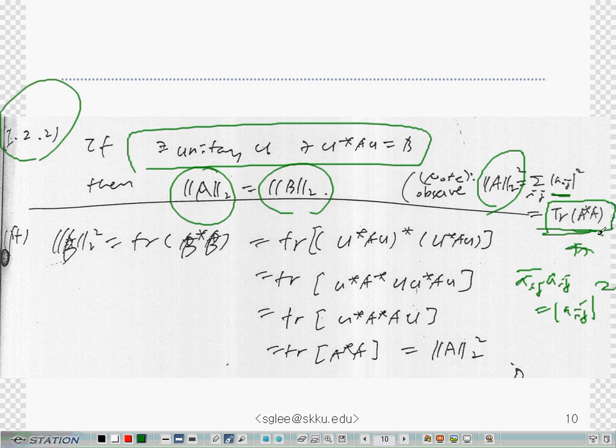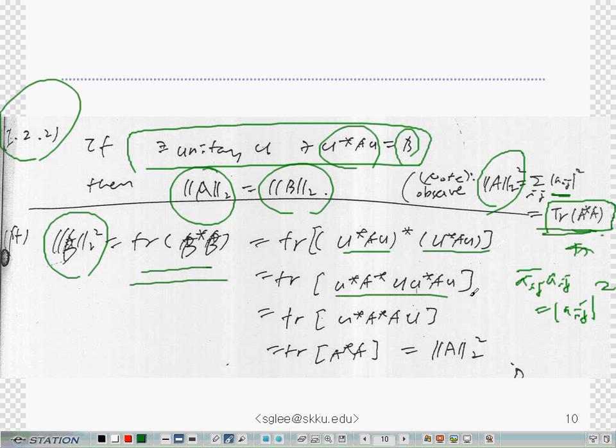So we know the square of the 2 norm of B can be considered in this way, and B is the same as U star A U. We can rewrite it this way, since U is a unitary matrix.